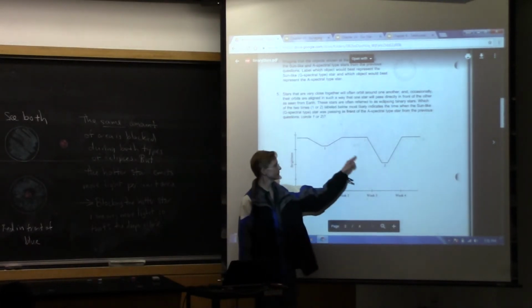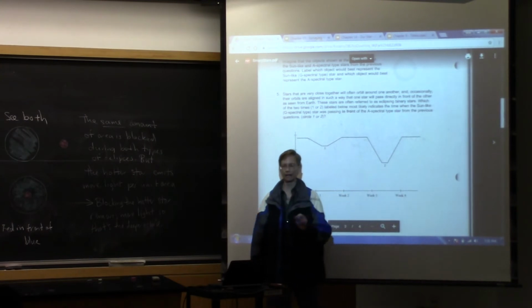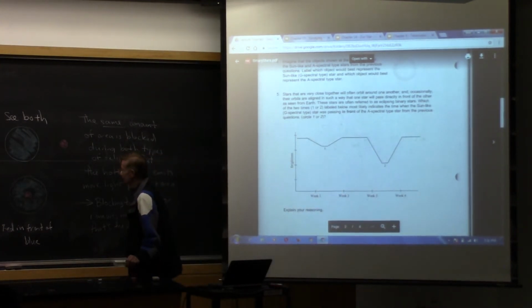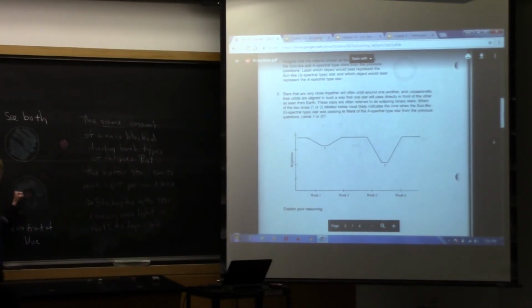Yeah, the reason the bottoms are flat like that is because there's a whole extended period of time when, here, my hand is the red star. During this whole time, the red star is blocking the same amount of area. So while the red star is completely in front of the blue star, the light is pretty much constant.